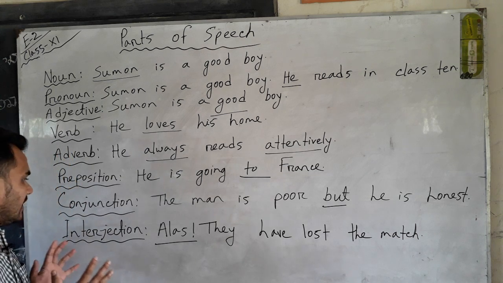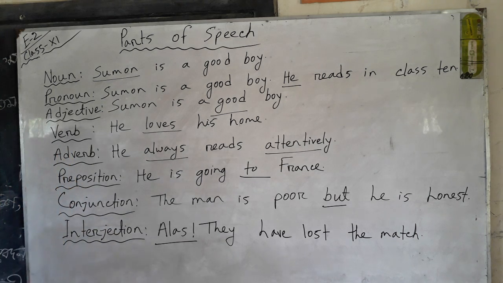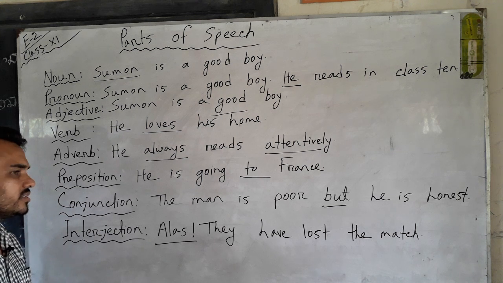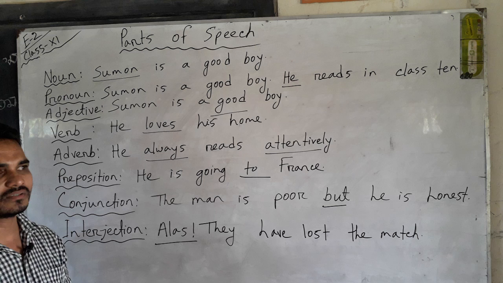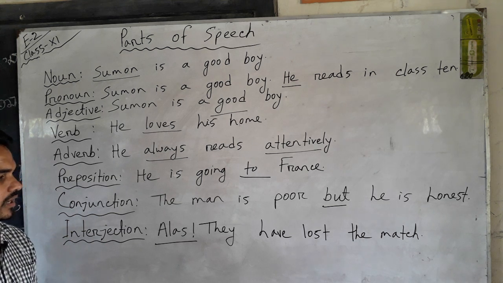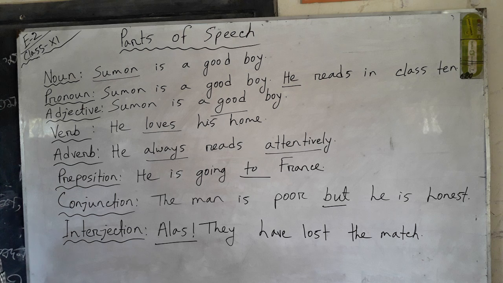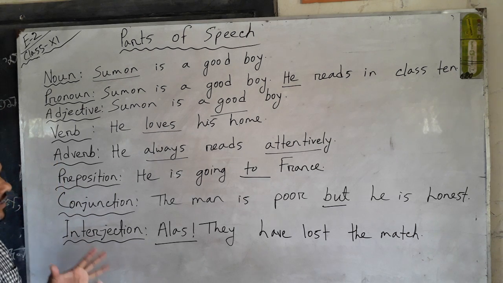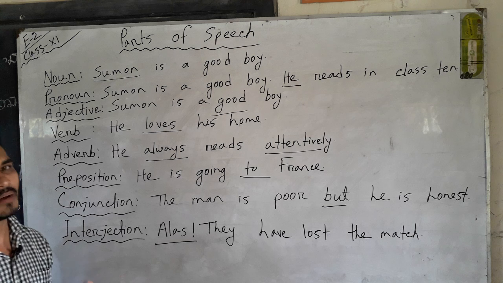And the last classification is interjection. So what is interjection? An interjection in a sentence expresses emotions. Here I gave an example: Alas, they have lost the match.